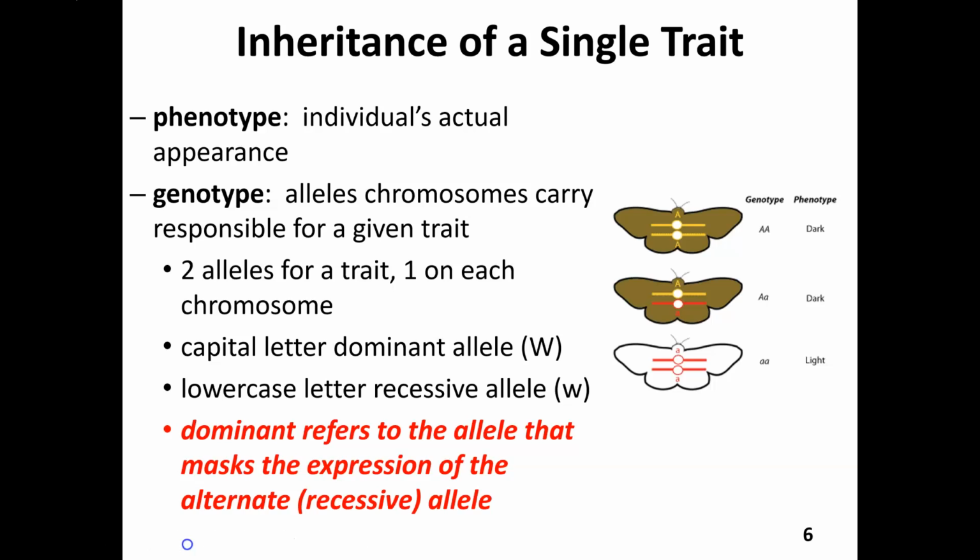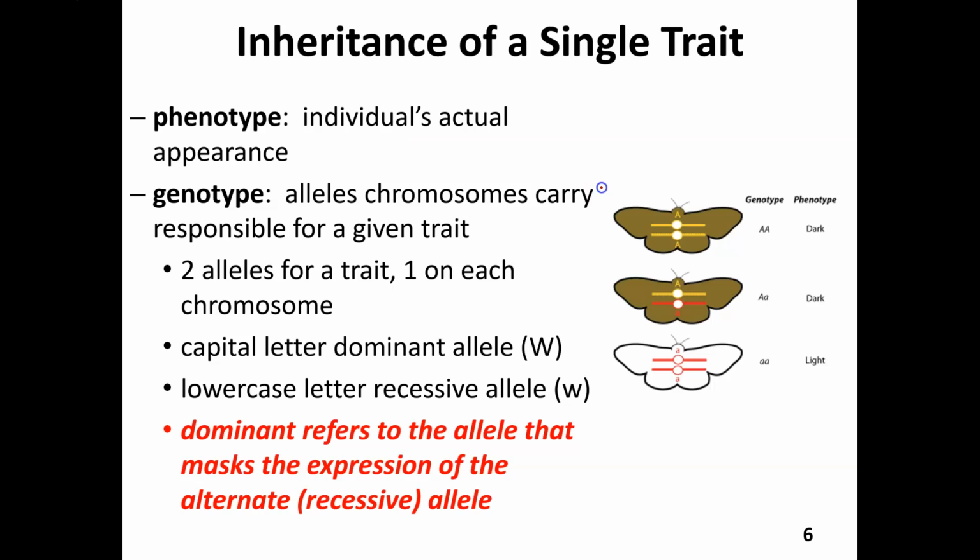Some more definitions. A phenotype is the appearance, so what an organism is showing. It's the outward depiction of that organism. A genotype then is what the chromosomes are carrying. So I always like to use hair color because phenotype and genotype don't have to match.